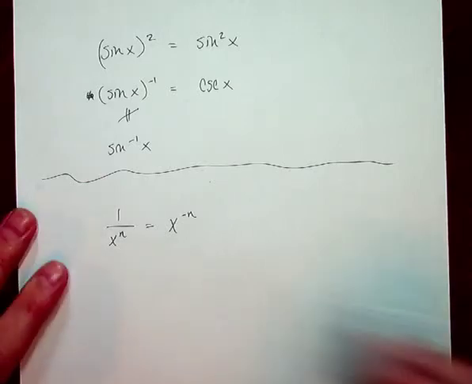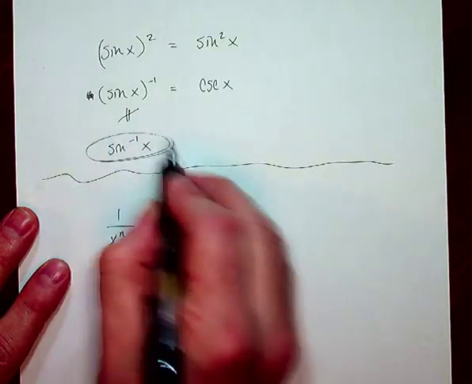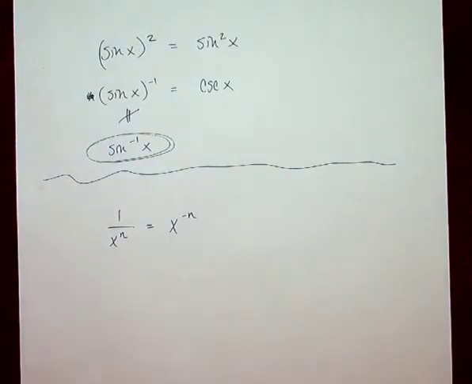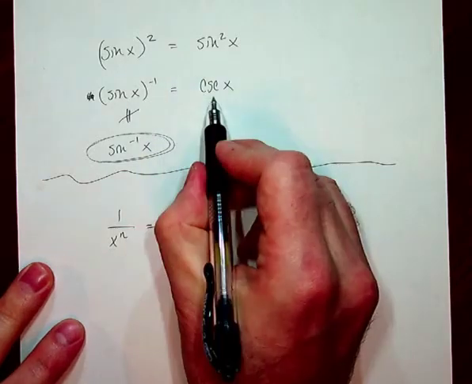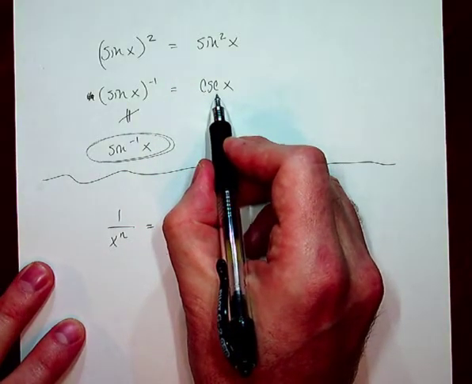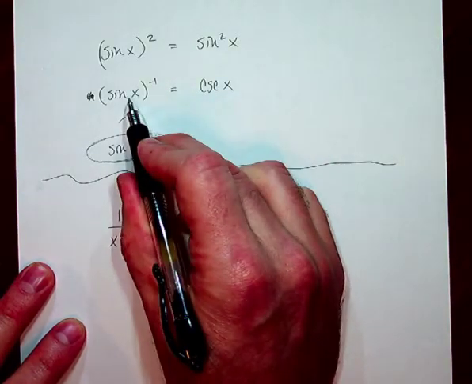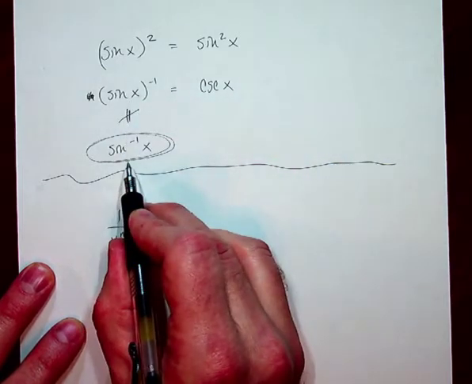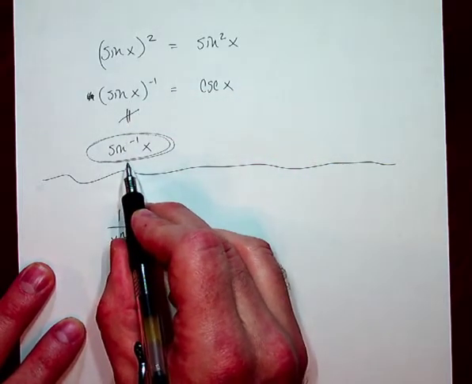And this is the inverse operation of the sine function, not the multiplicative inverse of the sine function. This takes an angle measurement and gives you the reciprocal of the sine ratio. This takes a ratio and turns it into an angle measurement.